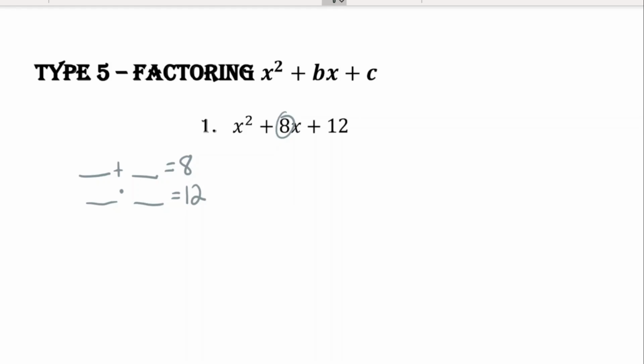So you need to choose 2 numbers that satisfy these conditions. To narrow it down for you, if you get stuck, you can find the factors of the last number.